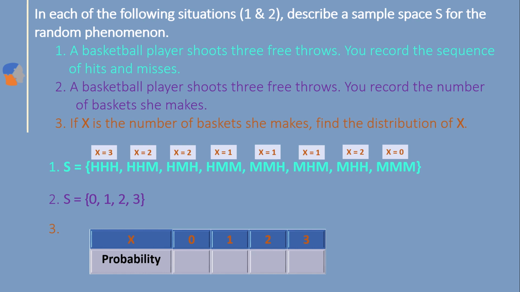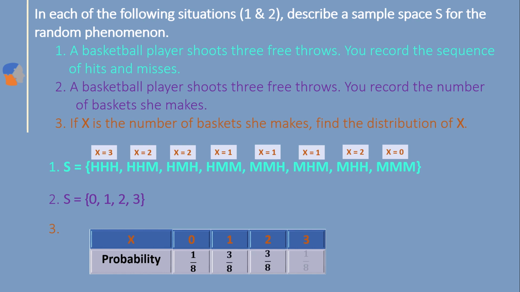Now what is the probability that x equals 0? How many zeros do you have at the top? X equals 0, just 1. How many total? The sample space has 8. Therefore 1 over 8. Then go to x equals 1. How many do we have with x equals 1? 3, right? Total 8.